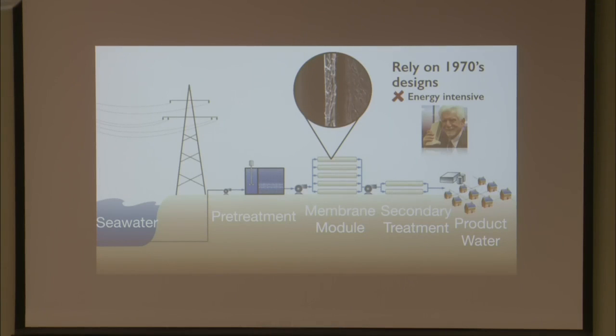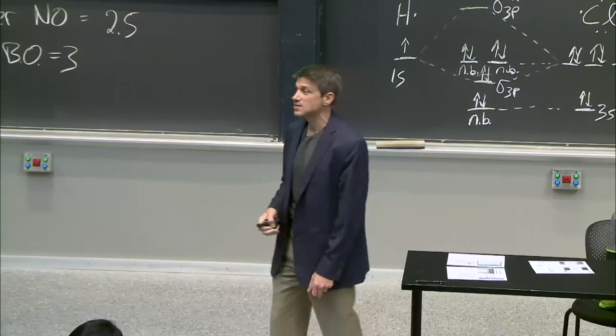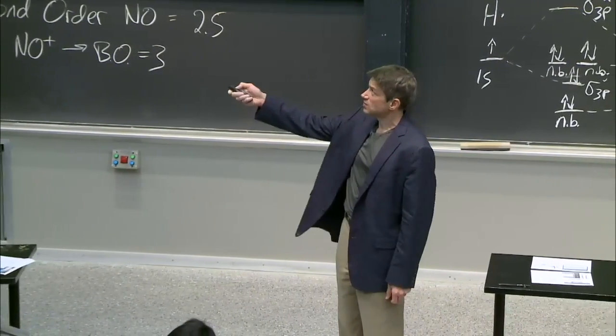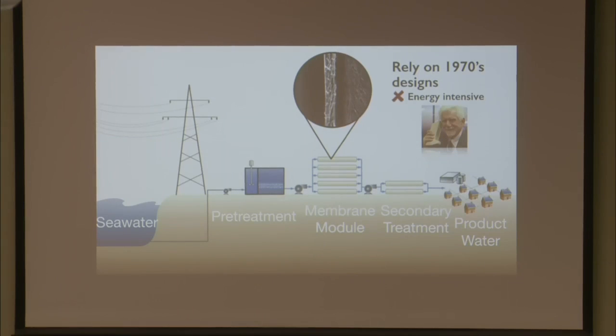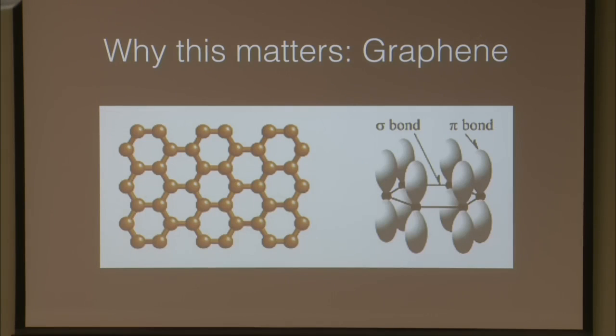When I look at membranes today, as a materials scientist, materials chemist, I think, that's what it looks like. Why? It doesn't have to be the case. We can do so much better. And so, energy and cost goes into pretreatment, secondary treatment, and this is where this comes back. This beautiful material that we have now understood more than we did before.